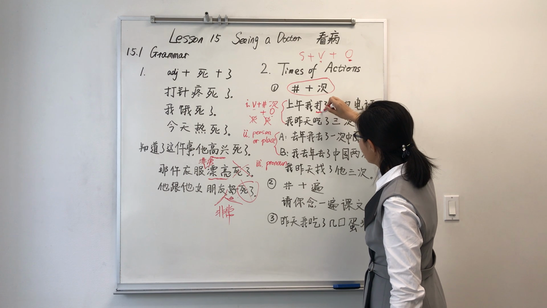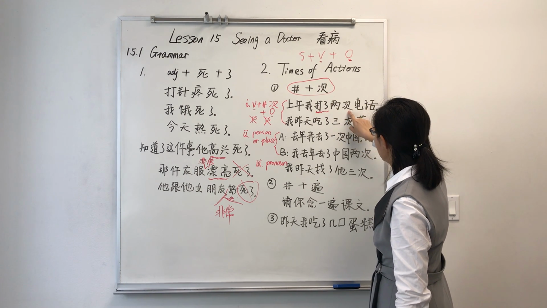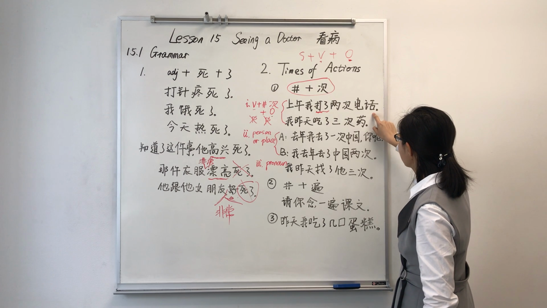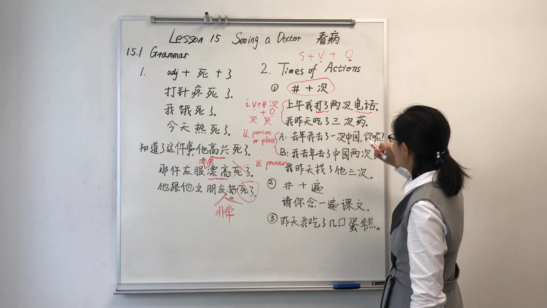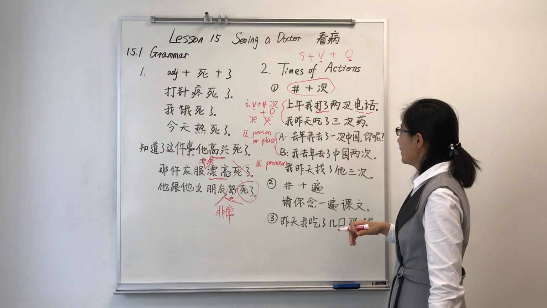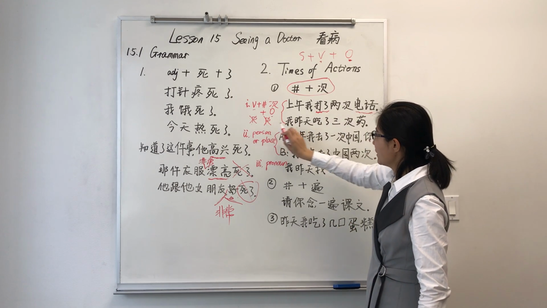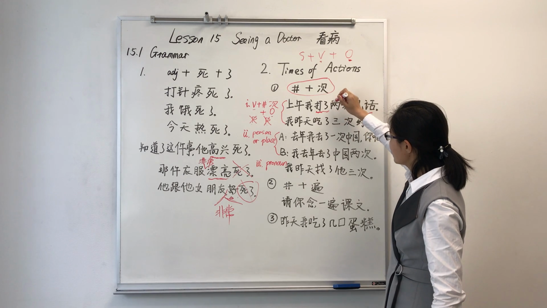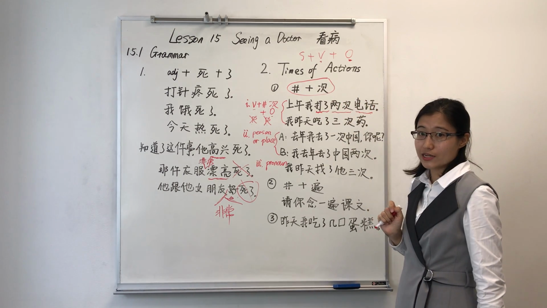打了2次, twice. 电话 means phone or telephone. So, I called them twice. 电话 is not a person or a place, so we can only add 两次 between the verb and the object.